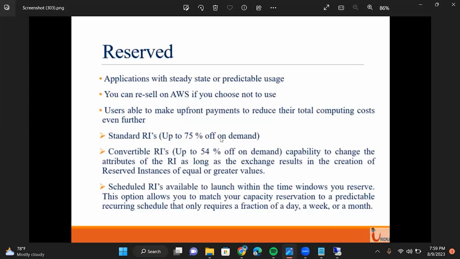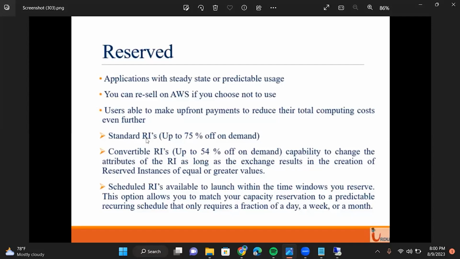But if we pay an upfront payment, if we pay in advance, we can get further discounts. Standard is up to 75% off.